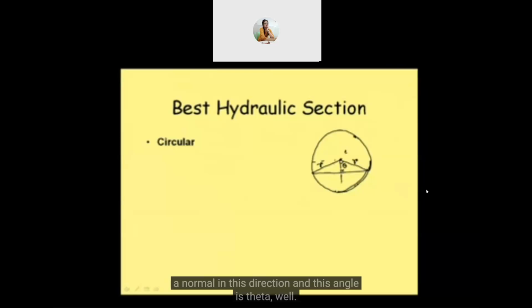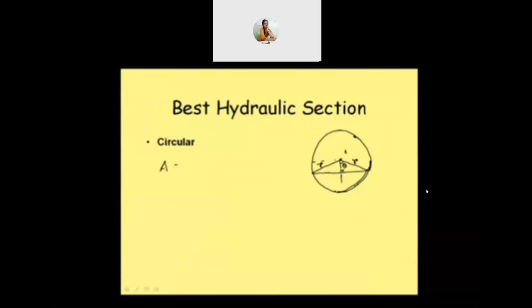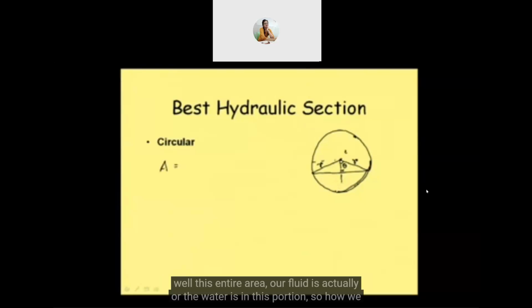Now you can concentrate on the slide, how we can write that area. Our fluid, or the water, is in this portion. So how can we find this area?